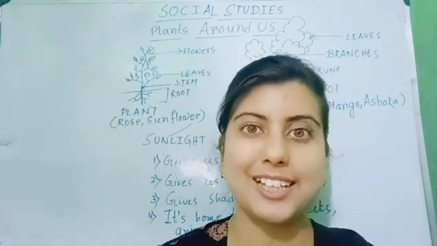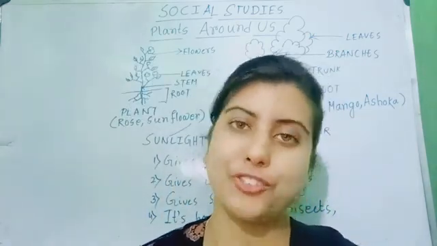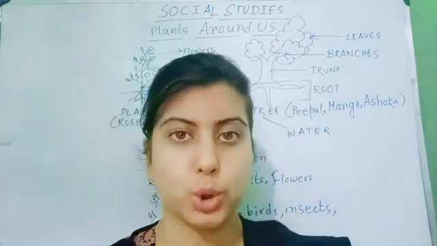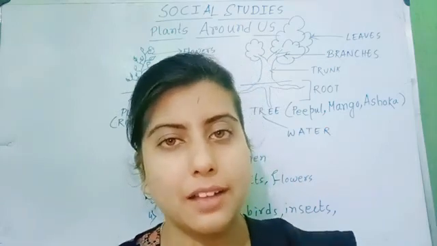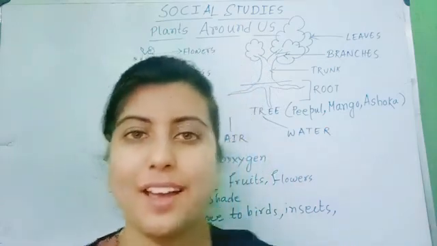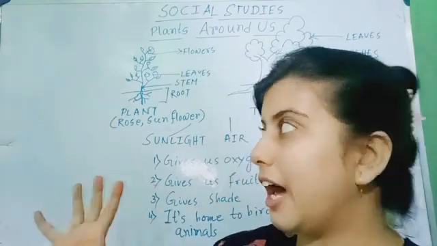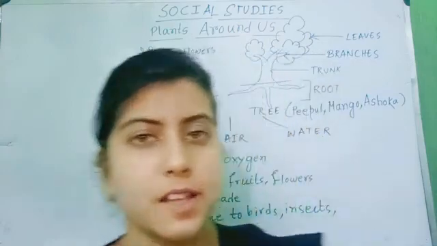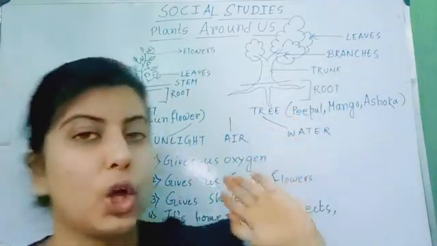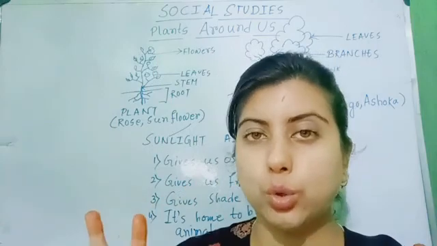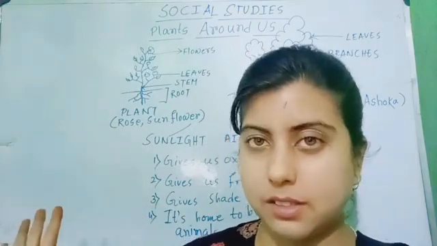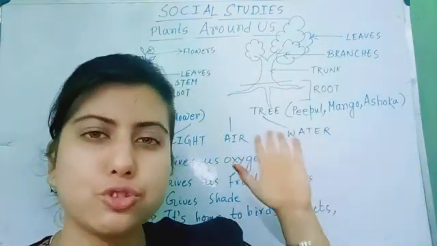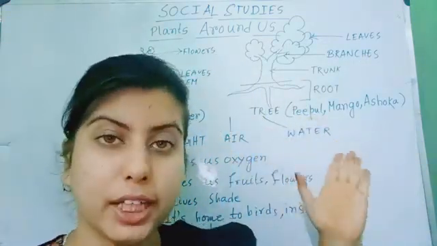So we need to take care of them. Now children, we will talk about two types of plants and trees. The small plants are called plant and the tall and strong plants are called tree. So we will talk about two types of plants. The one that is small is the plant, the one that is tall and strong is called the tree.